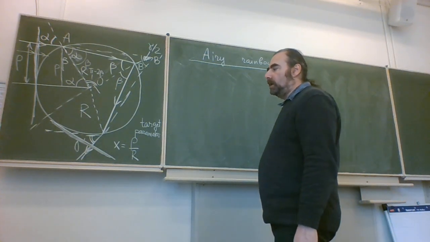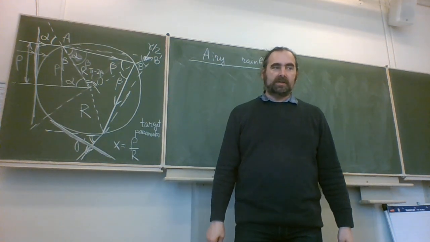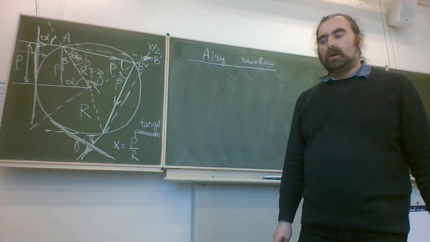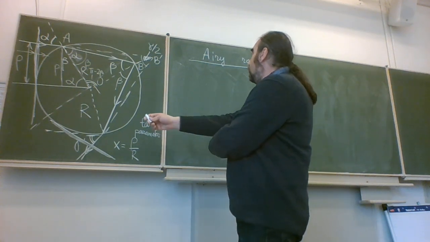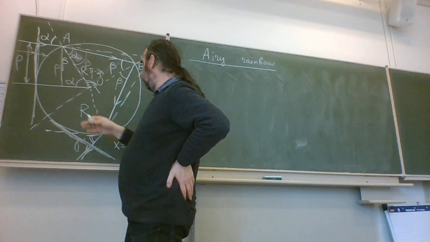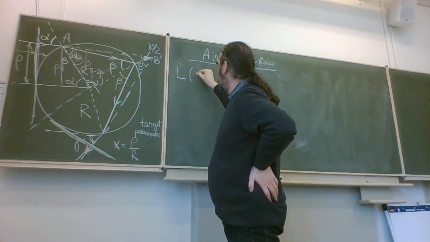I will be calculating this optical length, the distance multiplied with the corresponding refraction index. Okay, so let's first calculate it. Let's take a ray with some target parameter x and calculate this length L of x.